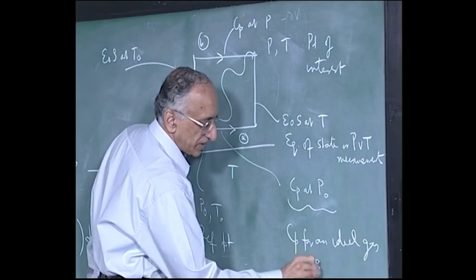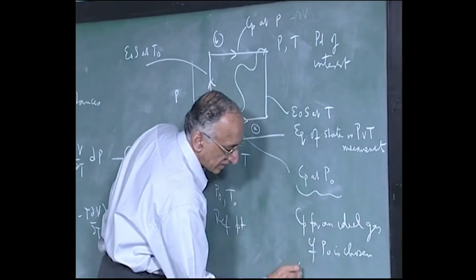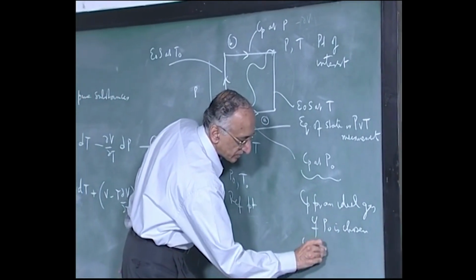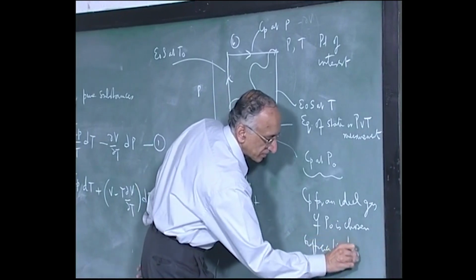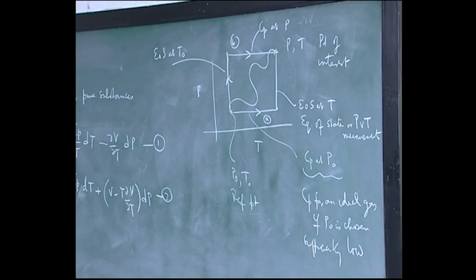If P0 is chosen sufficiently low, in particular, I will simply choose P0 equal to 0. Very often you choose P0 equal to 1 because up to 1 atmosphere gases behave ideally, but it really varies.